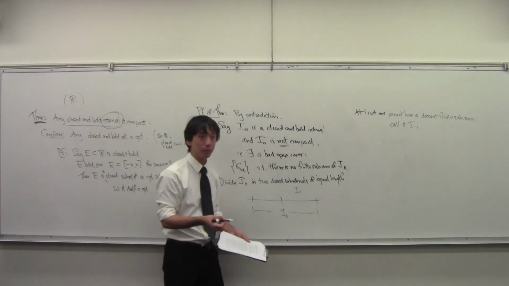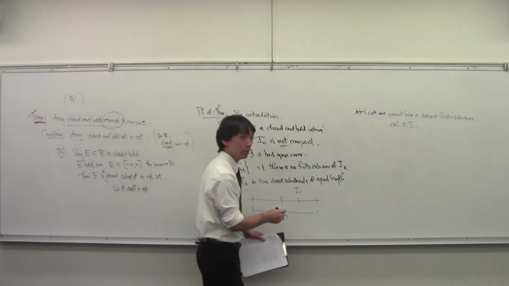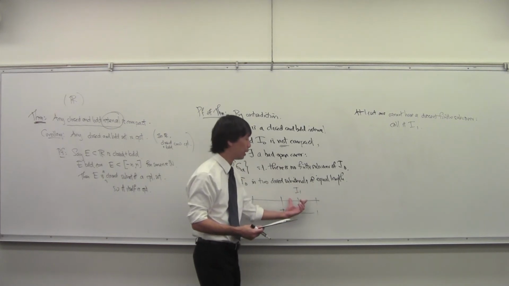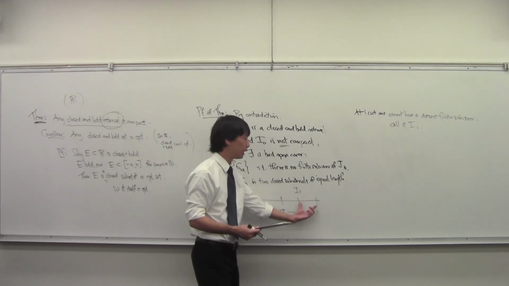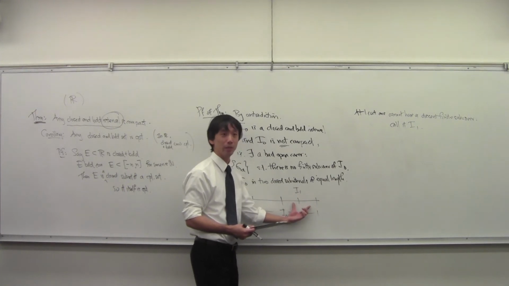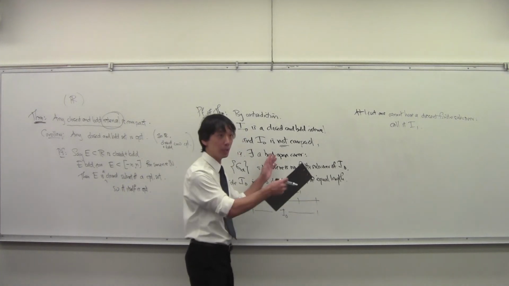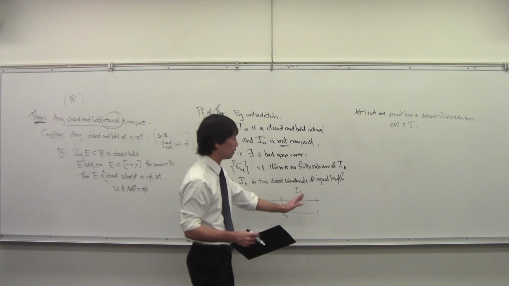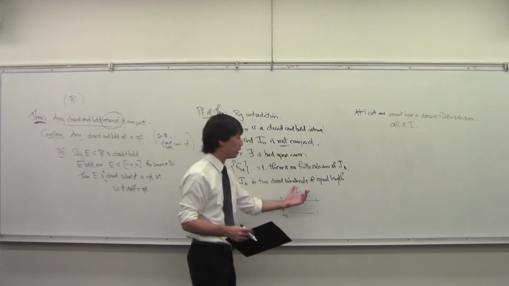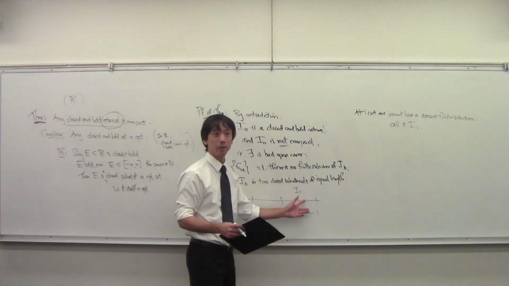And then we keep on doing that. Divide I1 into two parts. Well, one of these subintervals must not have a finite subcover. And so we get a succession of nested closed intervals, none of which has a finite subcover. Okay?